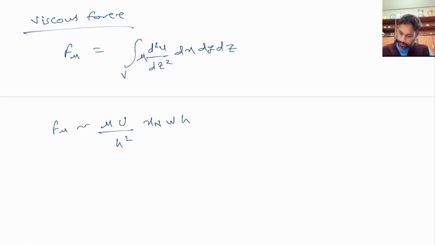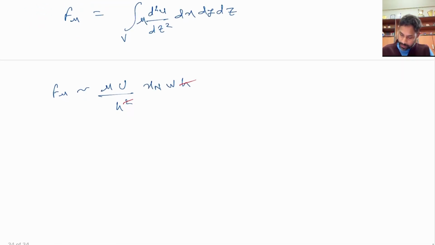And that is why z is proportional to h, so we have written h here, and this will cancel with each other, and this will give us mu xn w over h, where u can be written as xn over t, right?